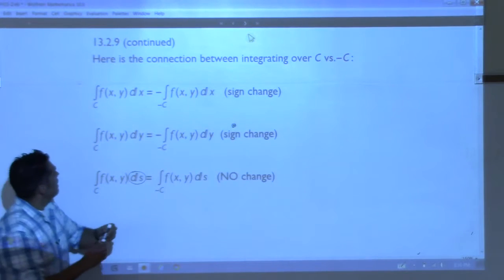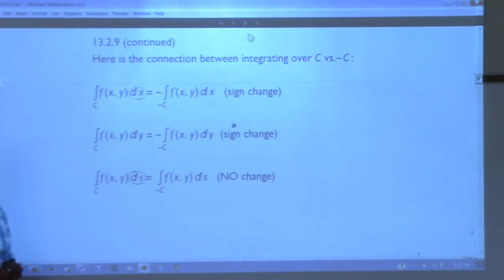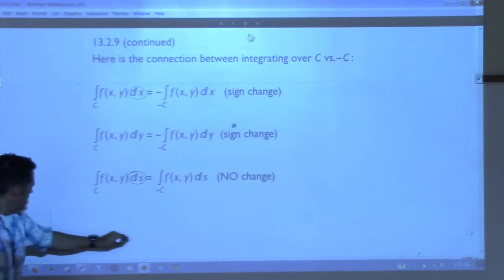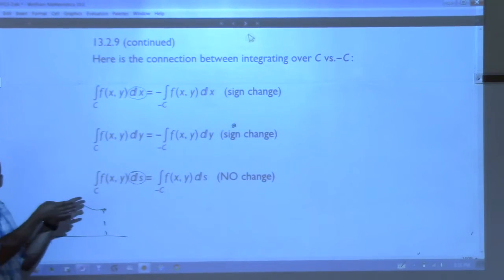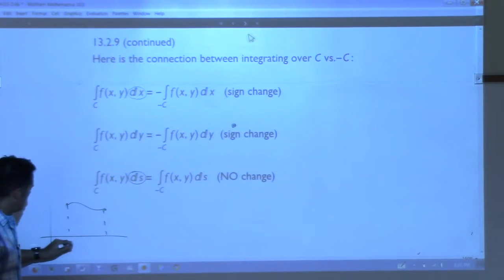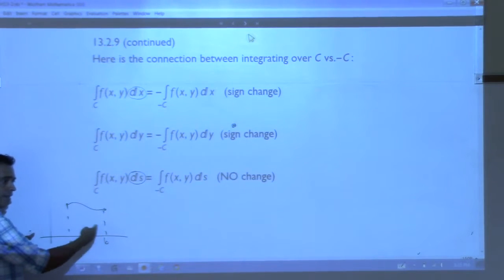However, if you integrate with respect to x, that's like back in Cal 2. Remember I said it was the shadow on the plane? Okay, so when we do the integral from A to B, that's like from left to right in Cal 2, we get one area.